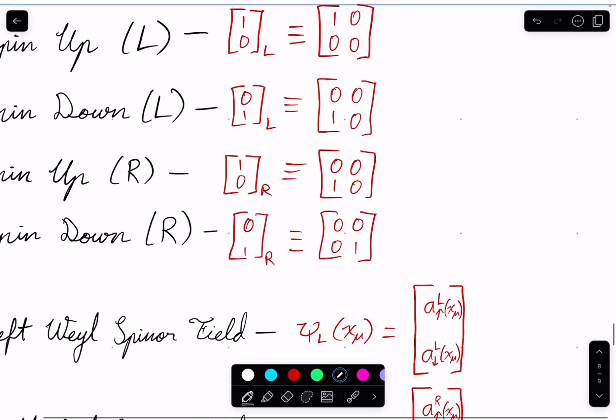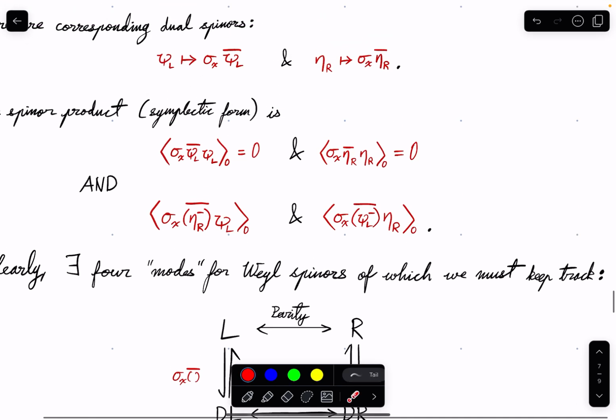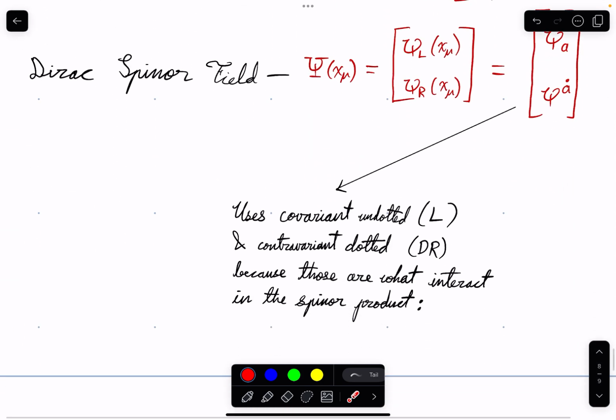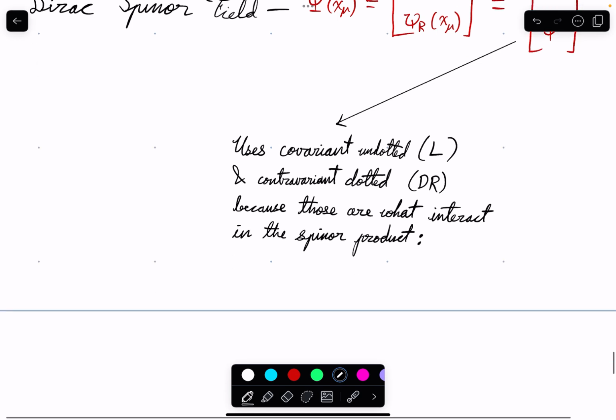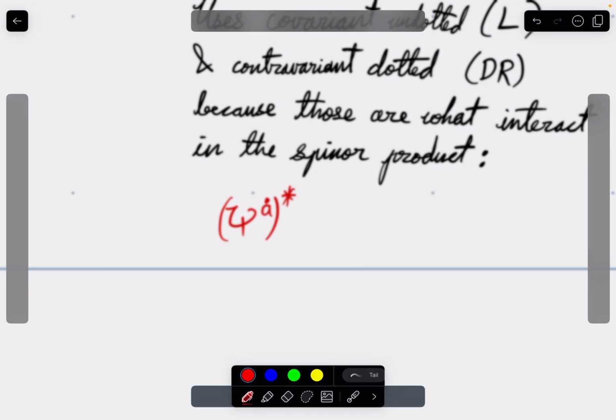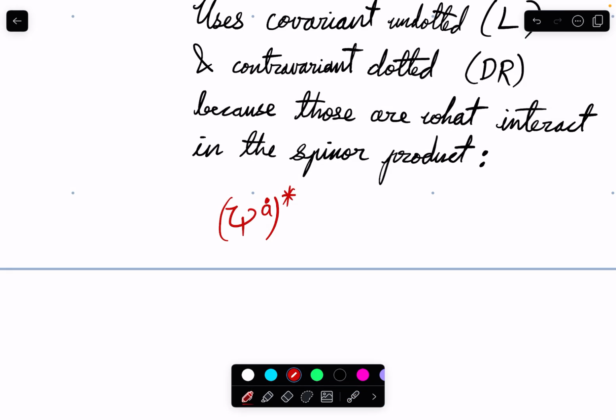So remember how the spinor product always has dual interacting with not dual? Well, it's because they want to be able to take this and have them interact without having to perform dual operations or raising or lowering indices. And the way that this is typically done outside of geometric algebra is by performing complex conjugation, which is the same as the grade involution.